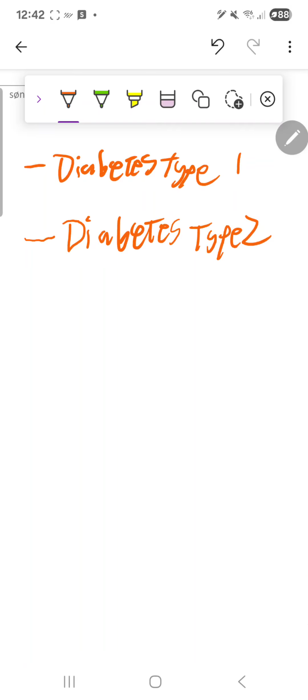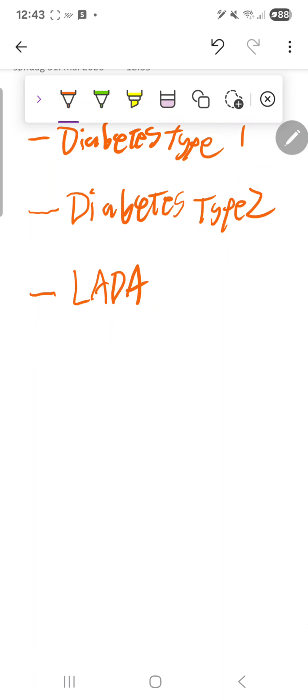And these aren't the only two types of diabetes. There is another type, which is called LADA, and this is the most common of the subtypes of diabetes, other than type 1 and 2, and it stands for latent autoimmune diabetes in adults.